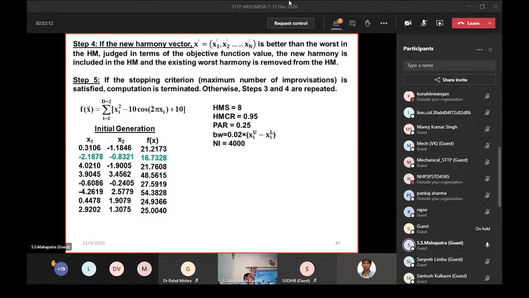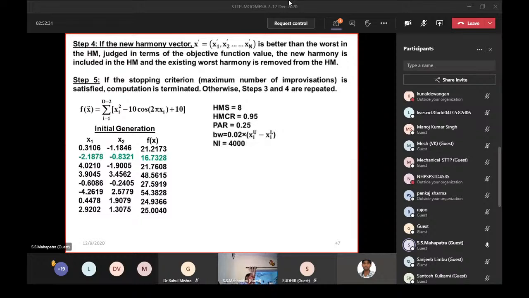It will be a new value with a probability 1 minus HMCR.